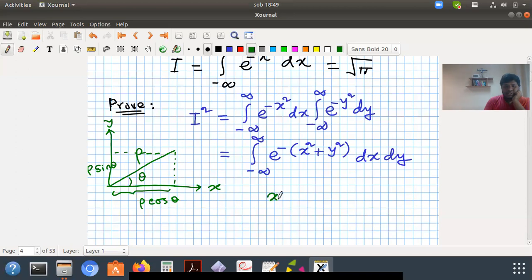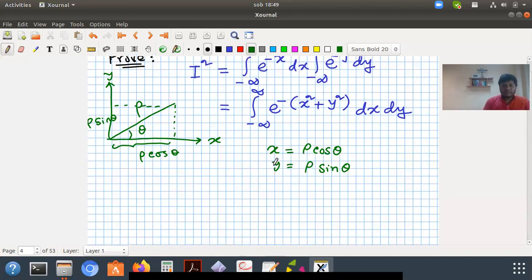So now we want to change the coordinate system from Cartesian coordinates to polar coordinates. x equals rho cos theta and y equals rho sin theta.